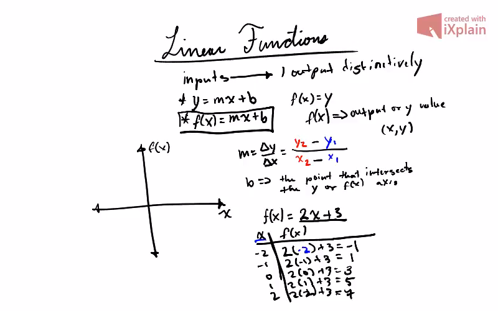So at -2, you're going to be at -1. At -1, you're going to be at 1. At 0, you're going to be at 3. At 1, you're going to be at 5. And at 2, you're going to be at 7. Now, if you draw the line, you'll see it makes a straight line.